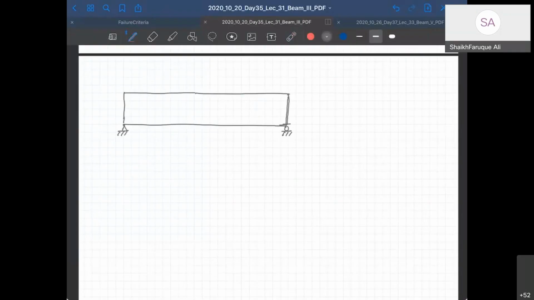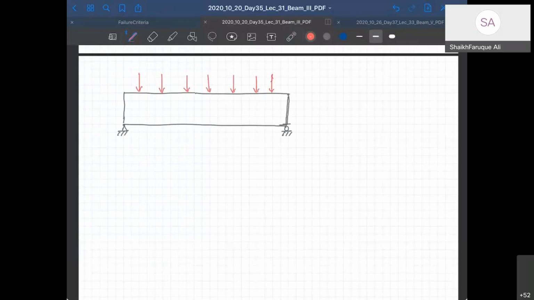It's an exaggerated version of the beam. And now you have given some load to the beam. Maybe a point load, maybe a UDL, whatever you want to do. What will happen? What do you think will happen? It will start bending, right? It will show some deformation. And what kind of deformation will it show?